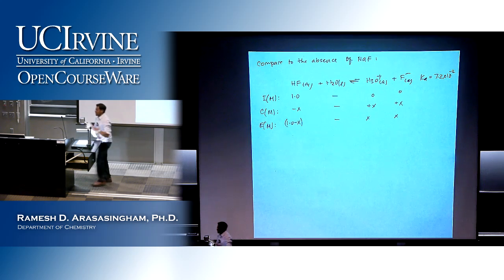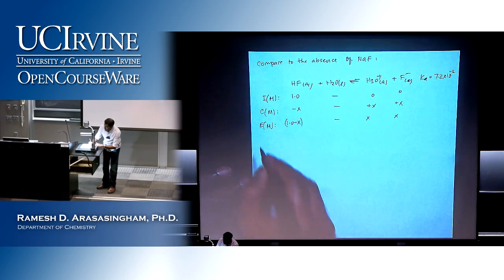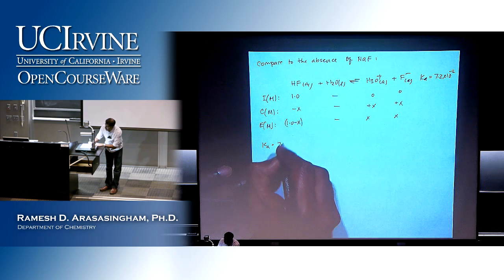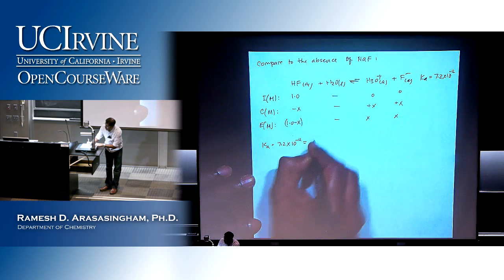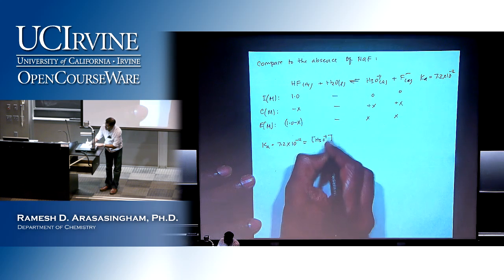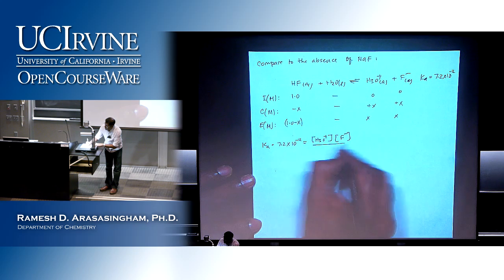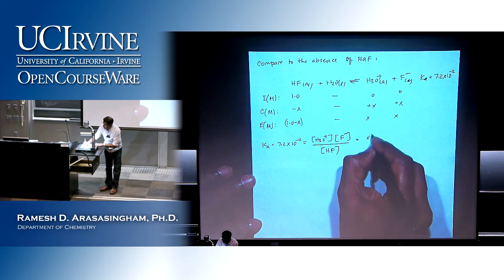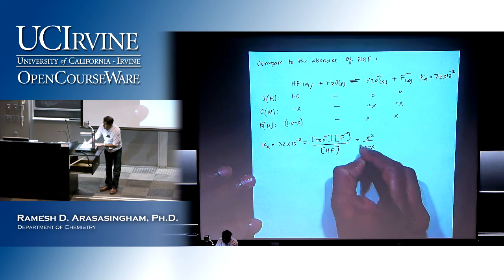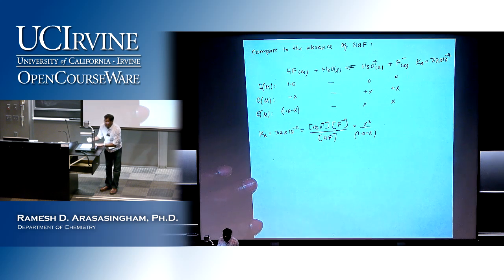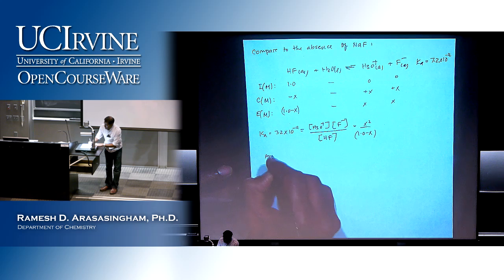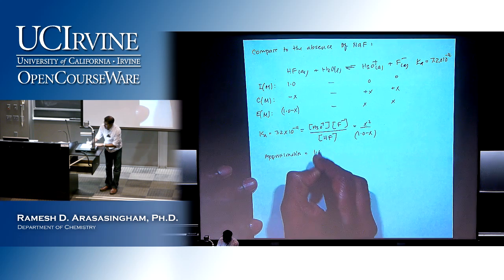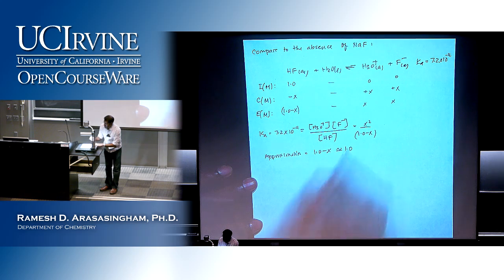All right? So if I were to calculate the value of x, we can say Ka equals 7.2 times 10 to the negative 4, which is the hydronium ion concentration times the fluoride ion concentration divided by the concentration of HF, which gives me x squared over 1 minus x. Once again, I can safely make that approximation, so I can say my approximation in this problem would be 1 minus x will approximate to 1.